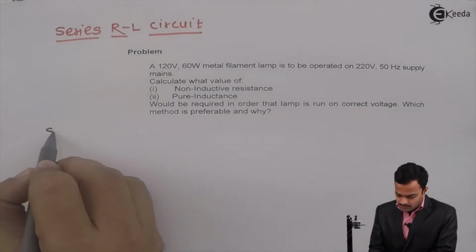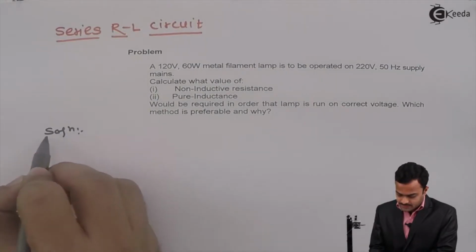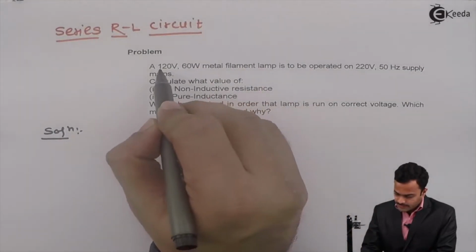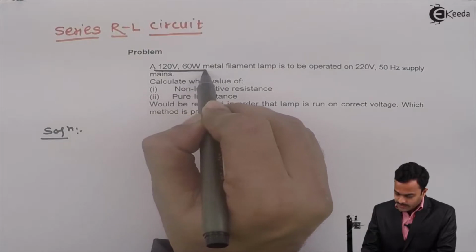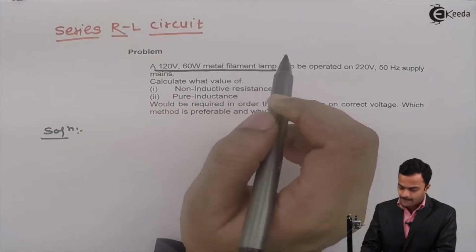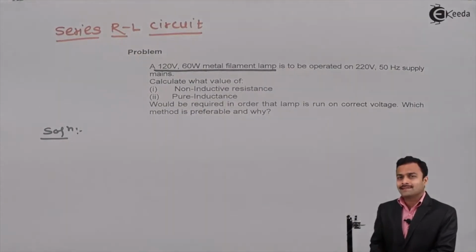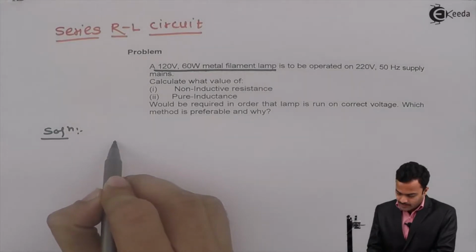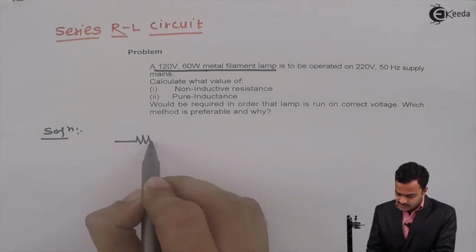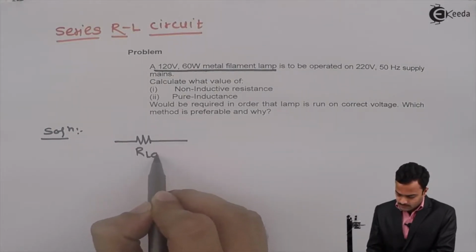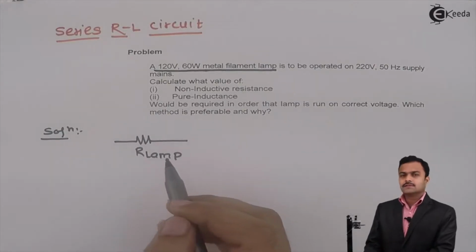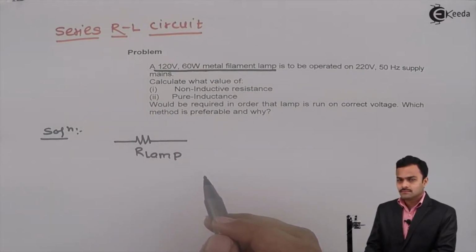So first of all, we have to understand the meaning of this 120 volt 60 watt metal filament lamp. Basically, a lamp is nothing but a resistance, that you have to remember. So they have given a lamp which is nothing but a resistance, but its value is not given.